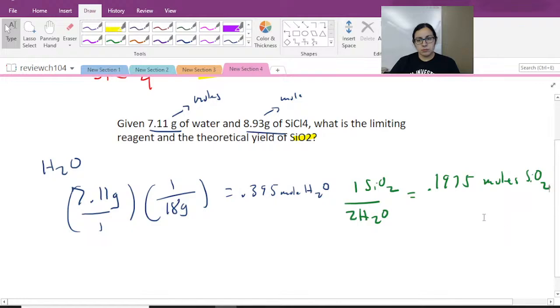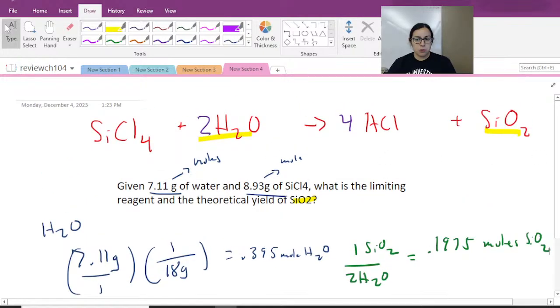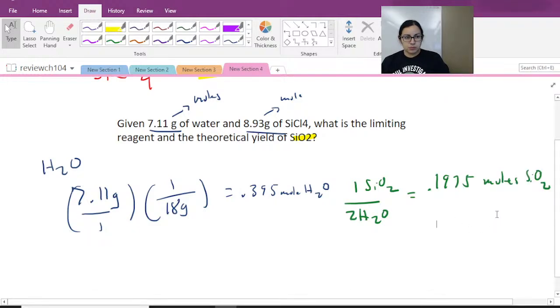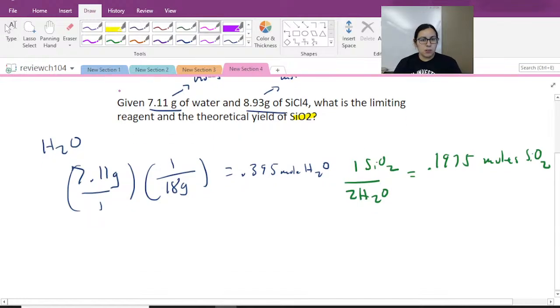Wait, but if the 0.395 was moles of H2O, then how come it got 1.975 moles of silicon dioxide? 0.1975, yeah, because they're in a 2-to-1 ratio, so you can only make half. Oh, okay. So you just divided by 2 and that gives you 0.1975. Does that make sense? So then let's repeat that for our silicon tetrachloride.